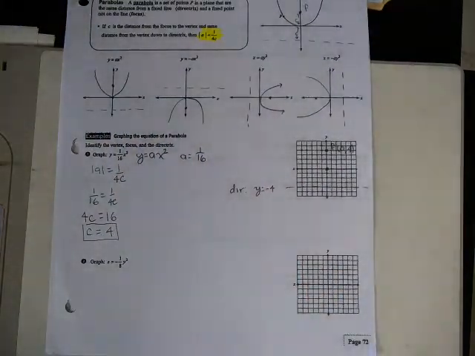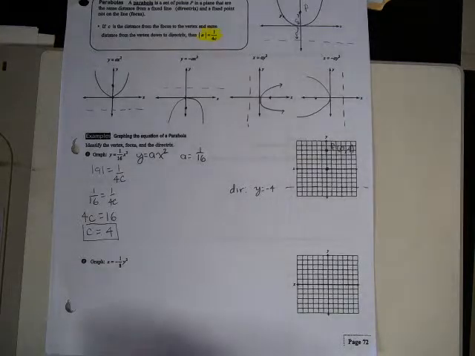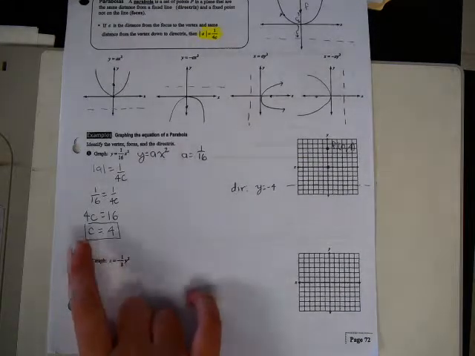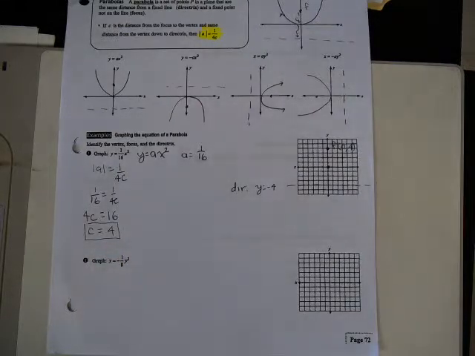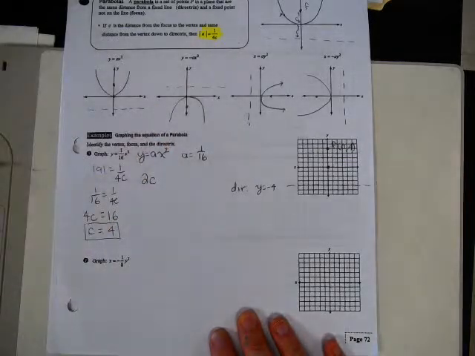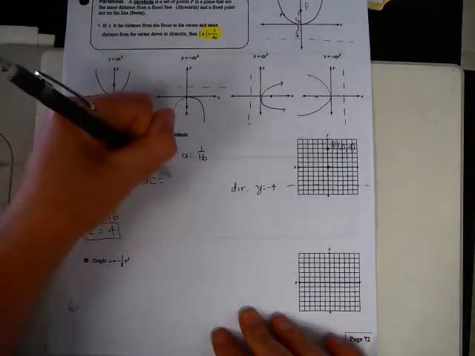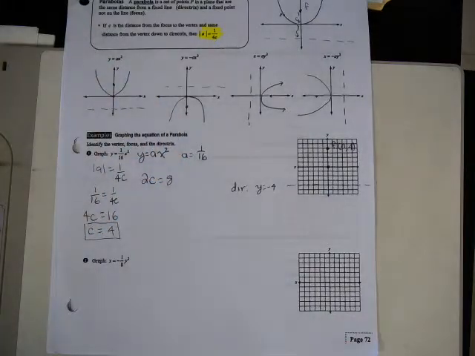Now, before I sketch my parabola, which once again we know is facing upwards, I need to have at least 2 points on the parabola. So let me show you an easy way to find 2 points. I'm going to take this c term, c equals 4, and multiply it by 2. So 2 times c gives me 8.